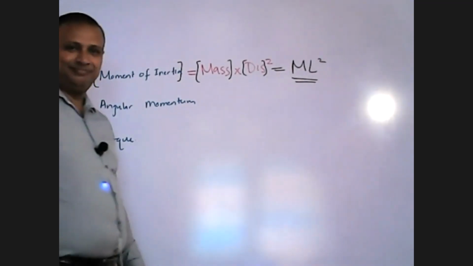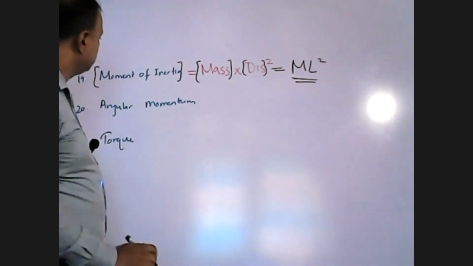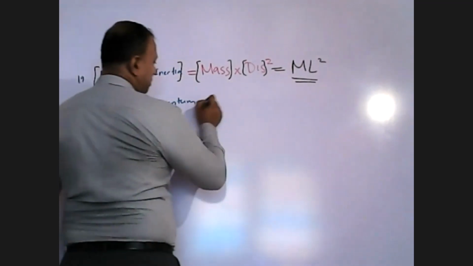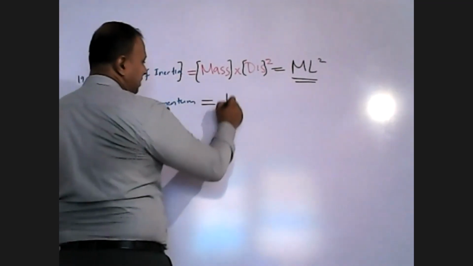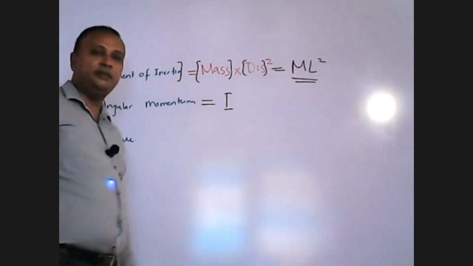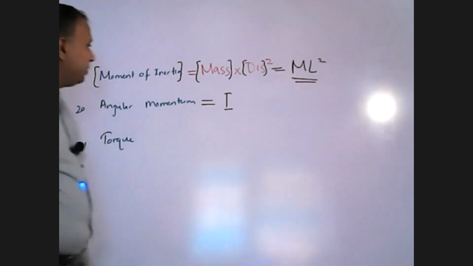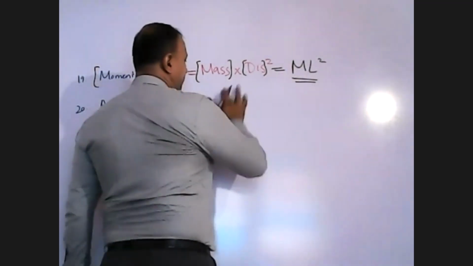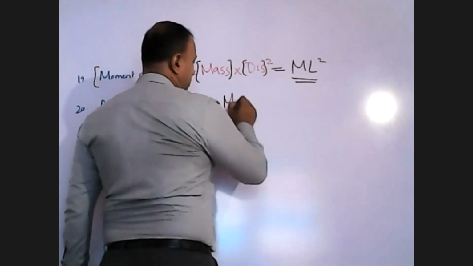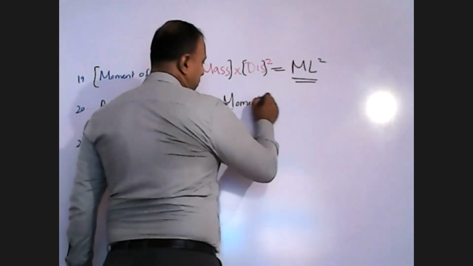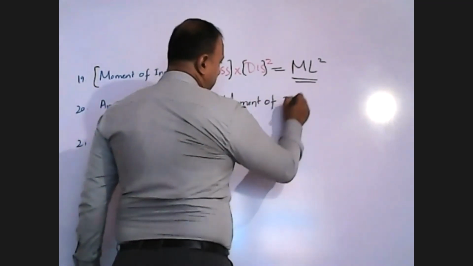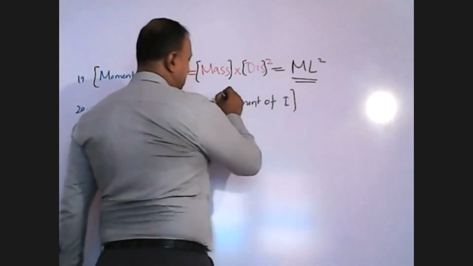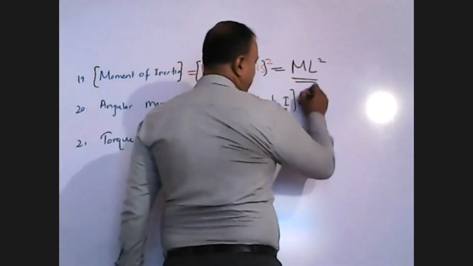Angular momentum is moment of inertia, normally we represent it by I, into angular velocity.